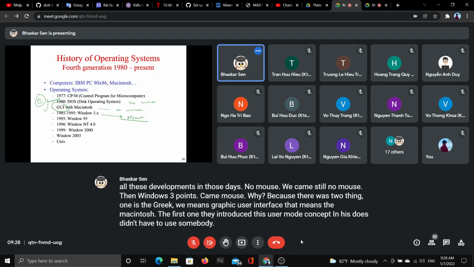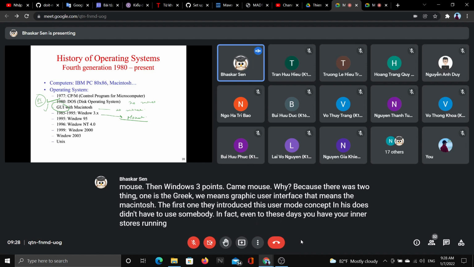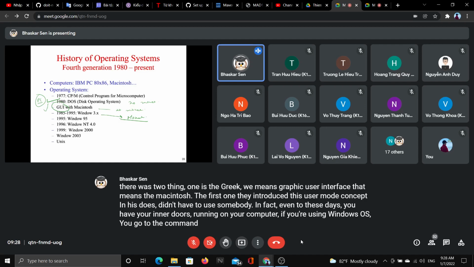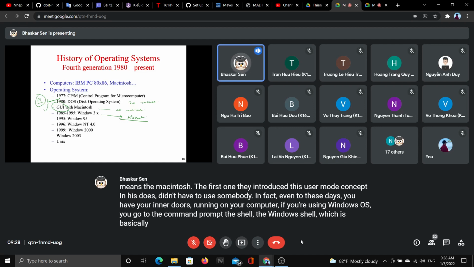In fact, even to this day, you have MS-DOS running on your computer if you're using Windows OS. You go to the command prompt, the shell, the Windows shell, which is basically the kernel of your current operating system. That is the DOS.